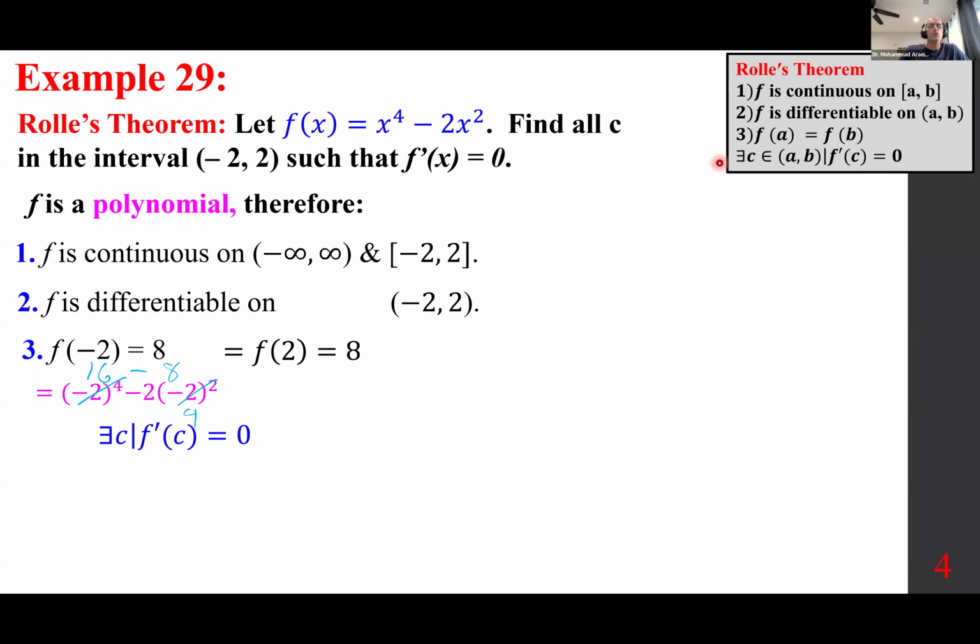So what do we do? We find f prime. f prime of x is 4x cubed minus 4x, and we set it equal to 0. To solve this, we factor the 4x out. We get 4x times (x squared minus 1). As you know, either x is 0 or x squared is 1, which gives you plus or minus 1. So there are three answers.